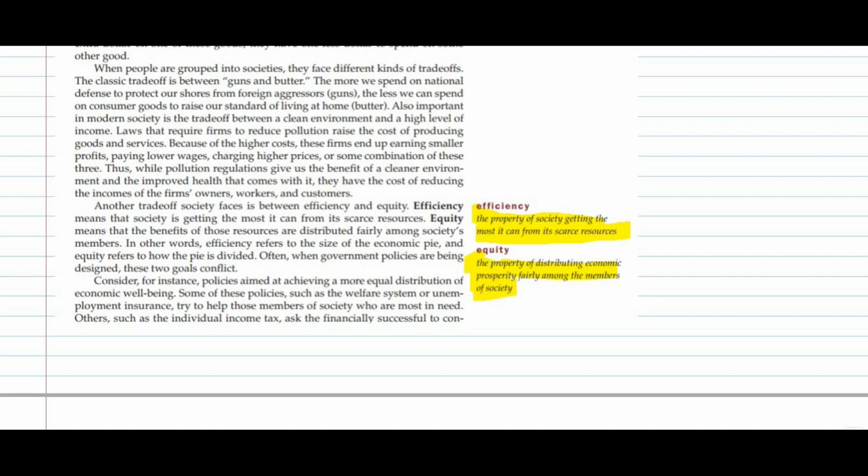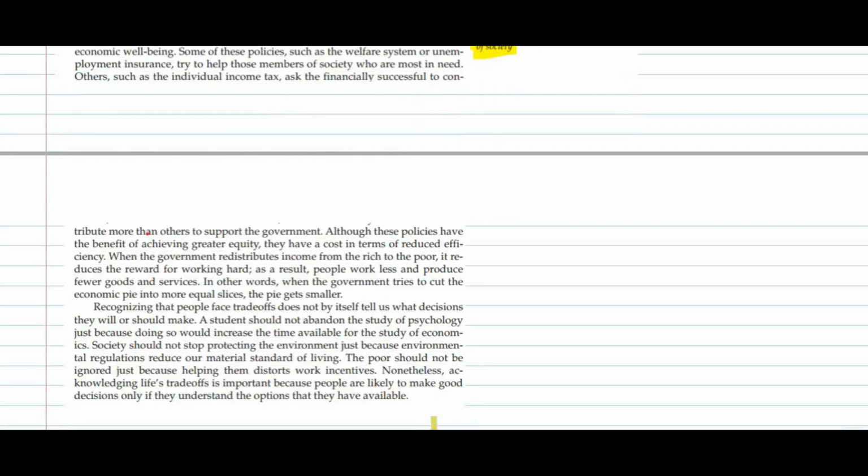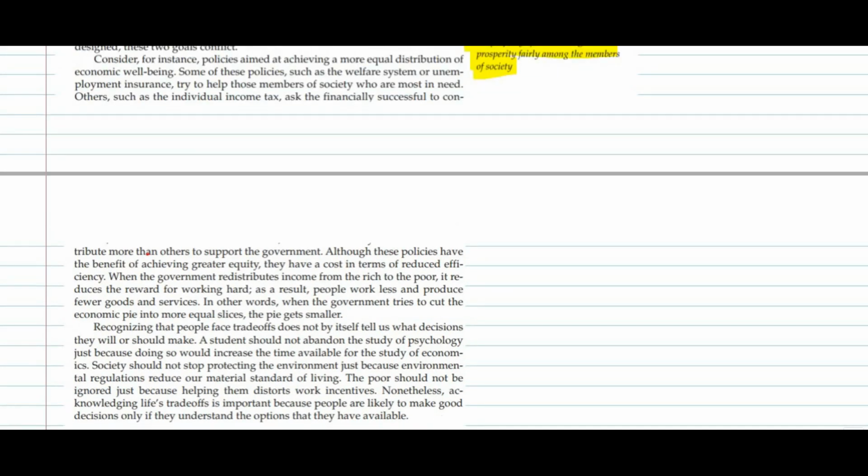Now there is always conflict between efficiency and equity when the government makes policies. Let me take an example. Let's say the government wants to impose an individual income tax, asking the financially successful to contribute more than others to support the government. I mean, they are asking the rich people to support the government more than the poor people.